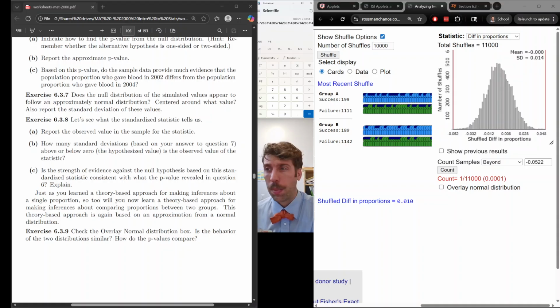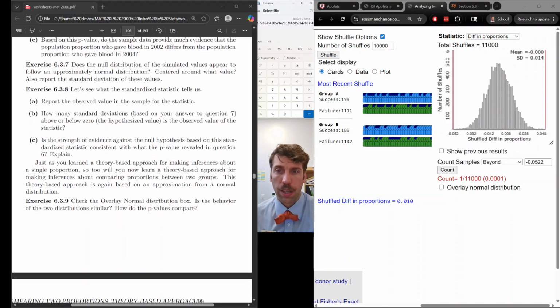So that's how many standard deviations? 3.7. Okay, and then do you remember we have that table of standardized statistics that tells us when strength of evidence is moderate, strong, or very strong. And so I would use that table, and in my case, mine is very strong, but yours might be different.